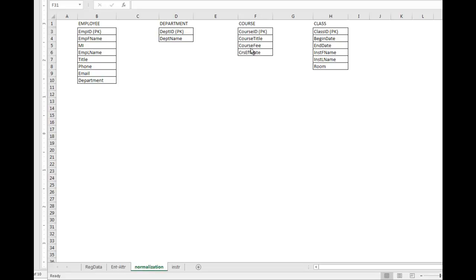These are all describing the same thing, which is the course. But if you look at class, we have begin date, end date, instructor first name and last name, and room. In a class, the dates and room should belong in class, but instructor first name and instructor last name are different objects. So we need to break this out into a separate table, a separate entity group.